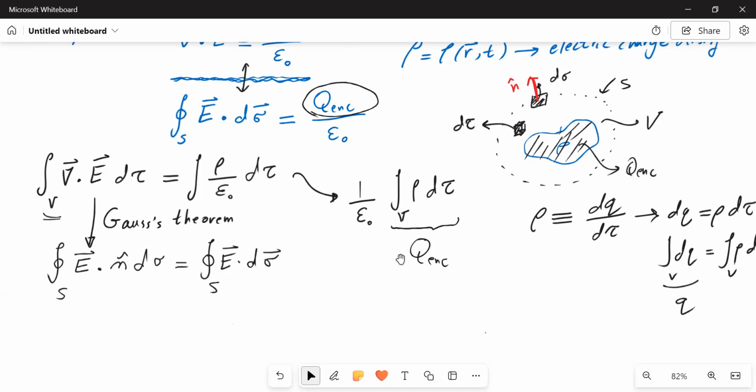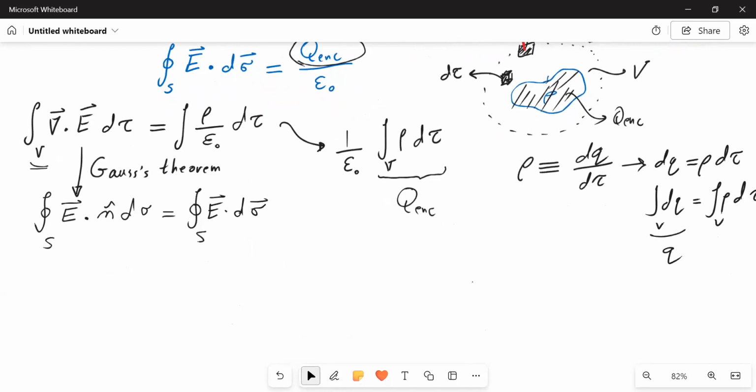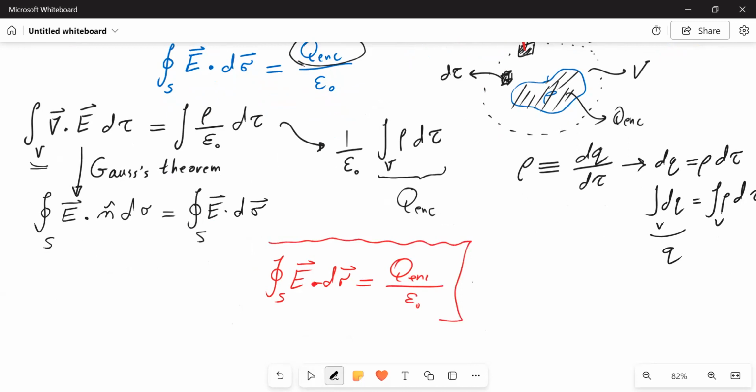The right-hand side would take this form, Q enclosed divided by epsilon naught, and that would lead us to the integral form of Gauss's law. In other words, we would have the surface integral of E dot d sigma, and that would give me the total charge enclosed by S divided by epsilon naught. And this is the integral form of Gauss's law or Coulomb's law.